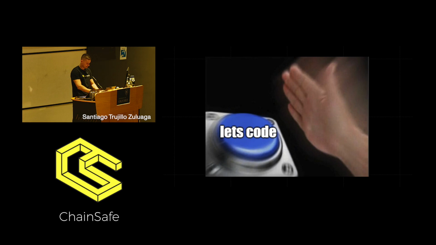So we can type SPDX-License-Identifier: MIT. For the compiler, let's zoom in a little bit. Is that okay for the zoom? Yeah, perfect. Then we need to specify the compiler. In this case, it can be 0.8.